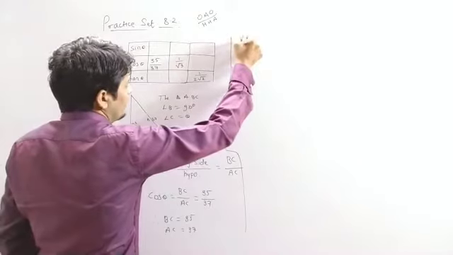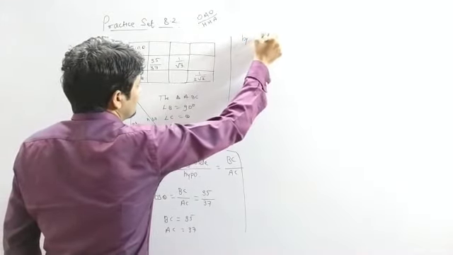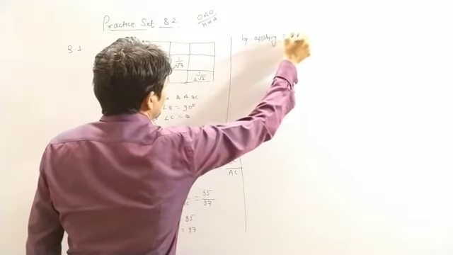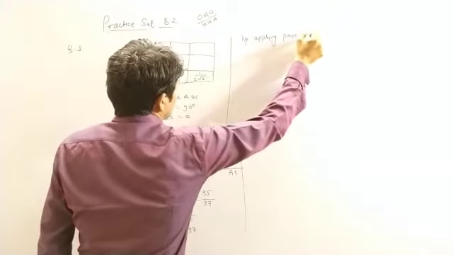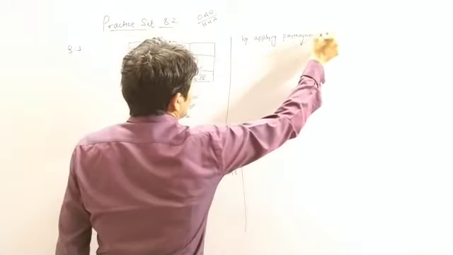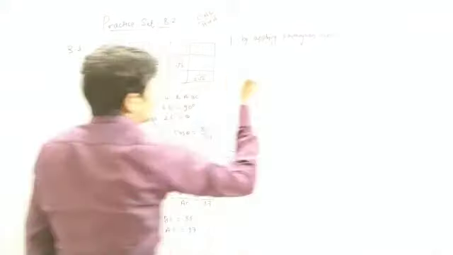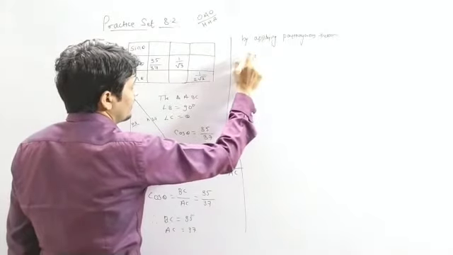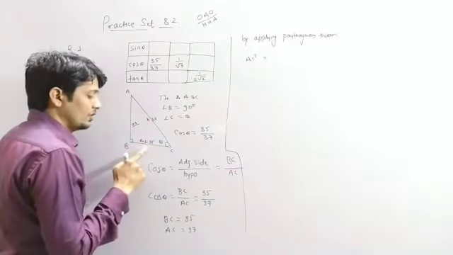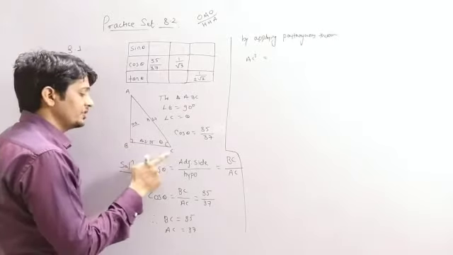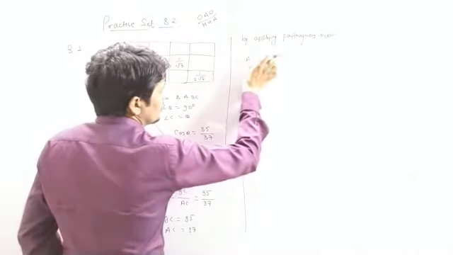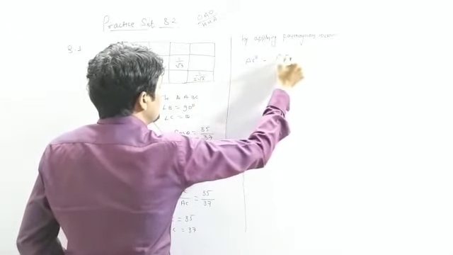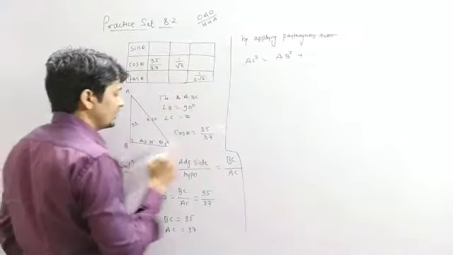So by applying the Pythagoras theorem: the square of the hypotenuse, that is AC square, equals the sum of the squares of the other two sides, that means BC square plus AB square. So AC square equals AB square plus BC square.